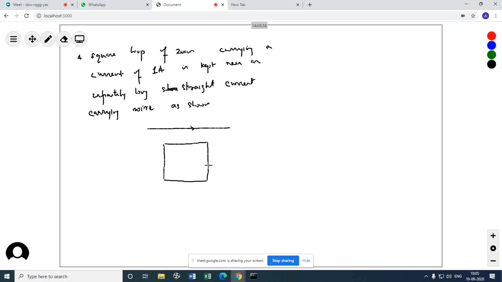This is 4 centimeter. Side 20 centimeter, I said. This is 10.